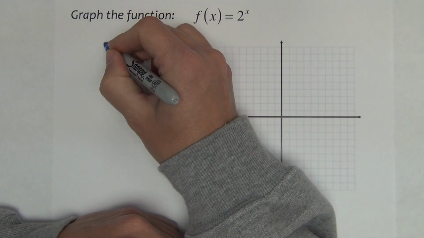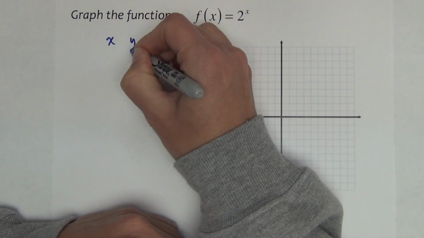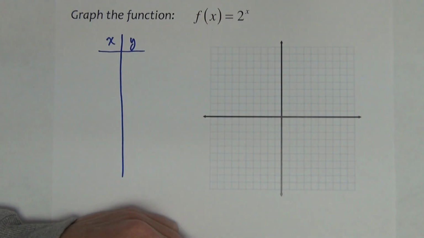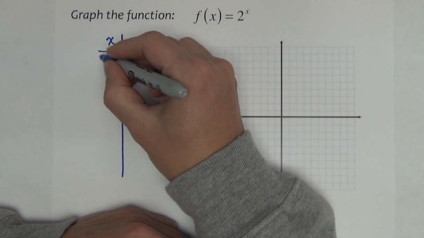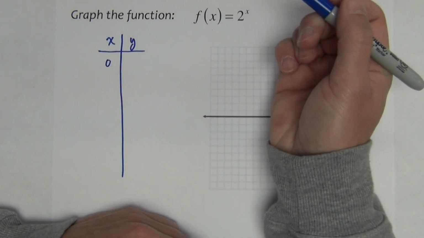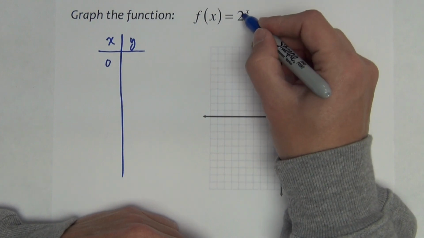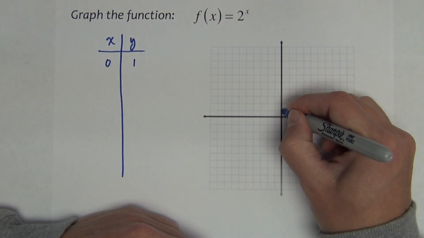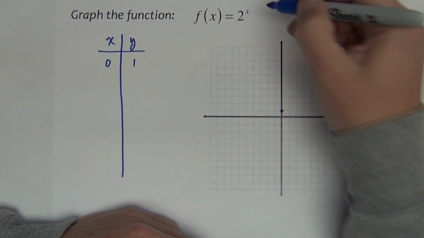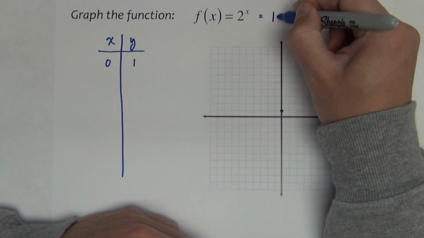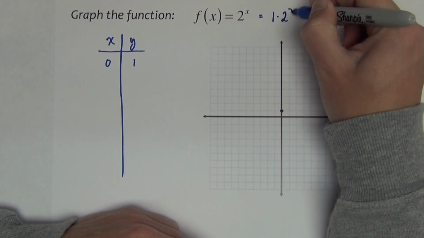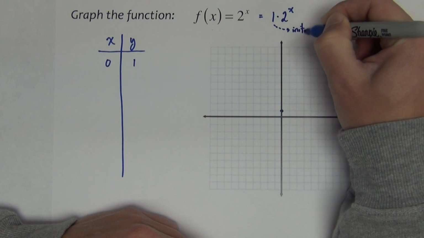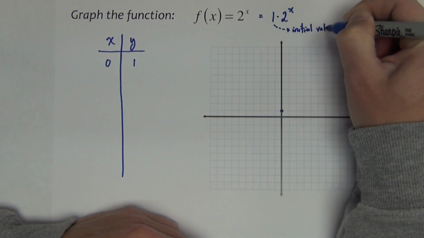So with this exponential function, let's just begin by making a table of values. Maybe I'll start with 0. So I would plug that in, and 2 raised to the 0 power is 1. That should make sense to us because this function really could be thought of as 1 times 2 raised to the x, and the 1 is the initial value.